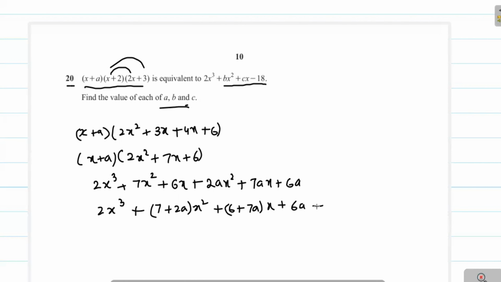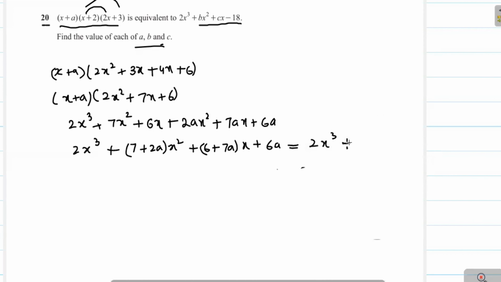That's equivalent to this expression 2x cubed plus bx squared plus cx minus 18. And now we compare the coefficients of x cubed, x squared, x and the constant. You see here, the constant here is minus 18, 6a equal to minus 18.